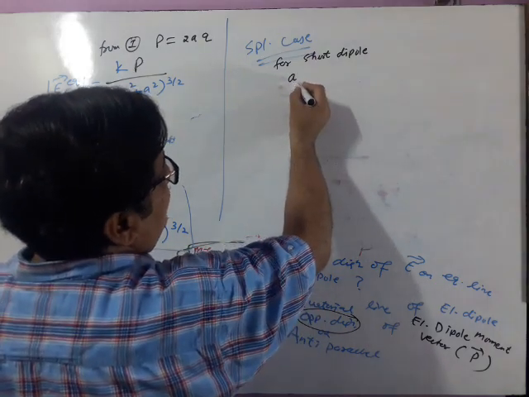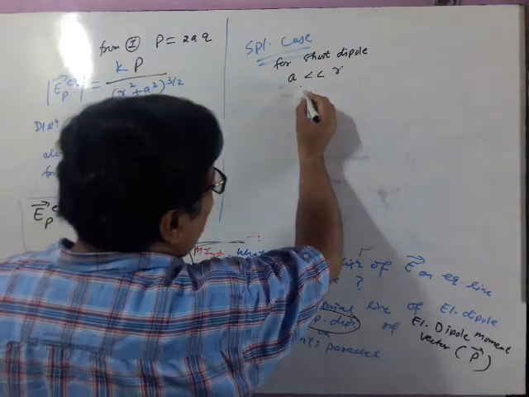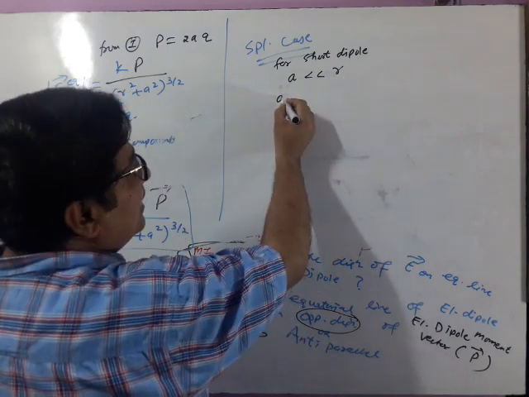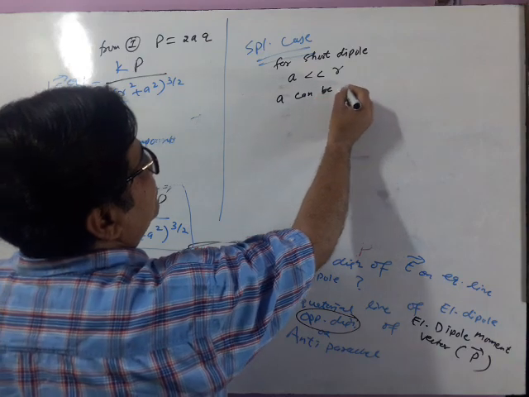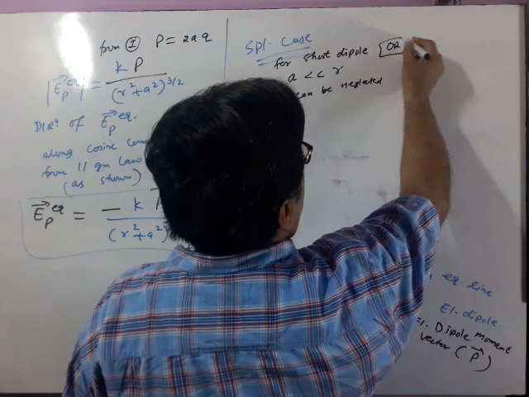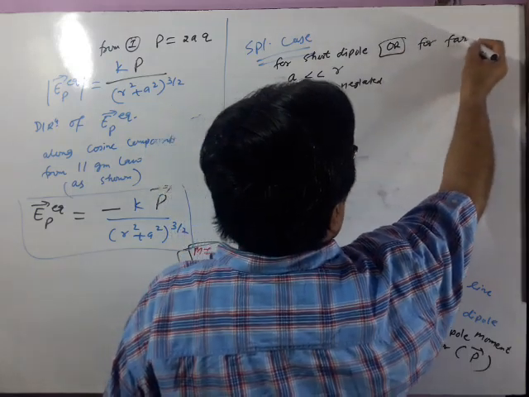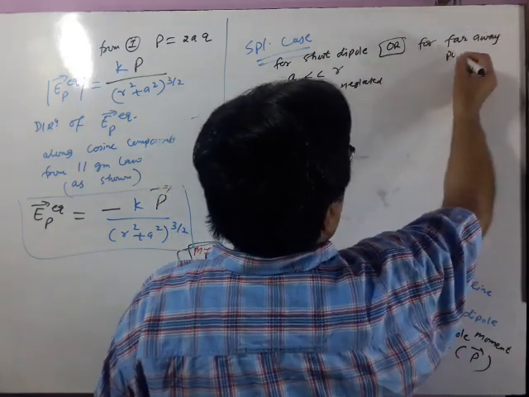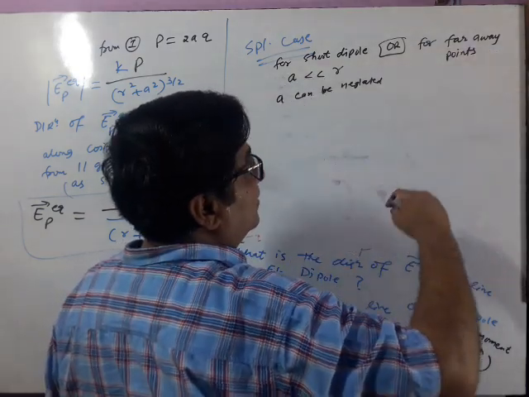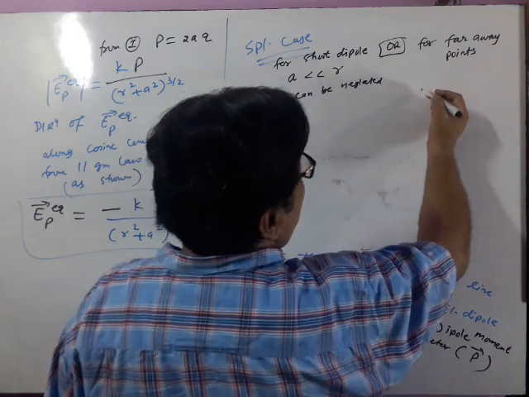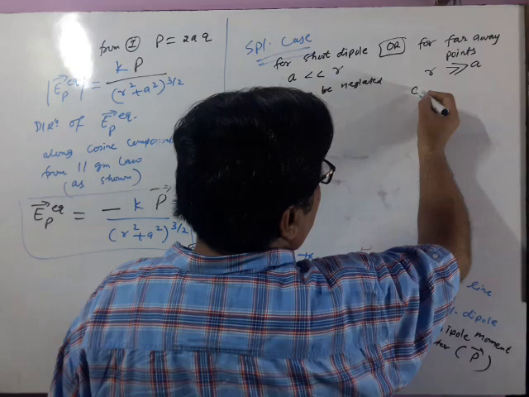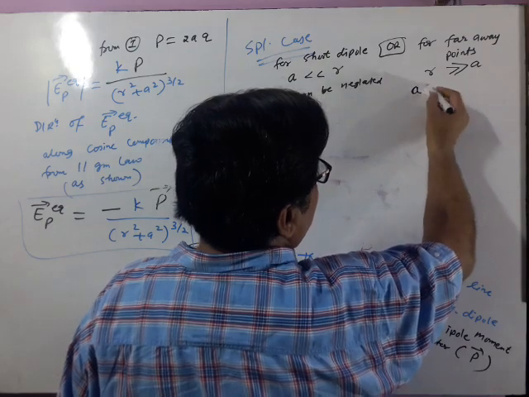The length, or half of the length of the dipole, is so small as compared to the distance of the external point that a can be neglected. Or the same for far away points. Far away points means the point where we are finding the electric field is very far away from the dipole. So r is so large as compared to a, again a can be neglected.